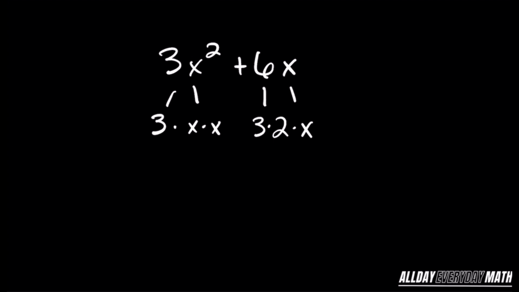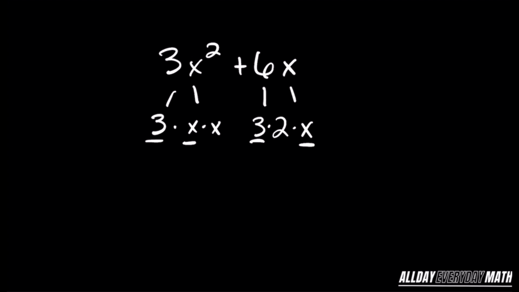So now we have both of our terms expanded out. And so we're going to look at what can we factor out of both terms, okay? So right away, I see that we can take out a 3 from both terms, and we can take out 1x from both terms. Okay, now our second term only has 1x, so we can't take out another one.